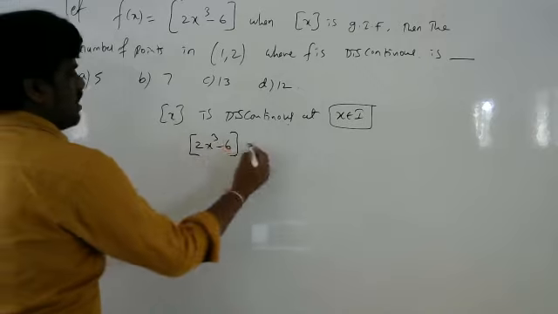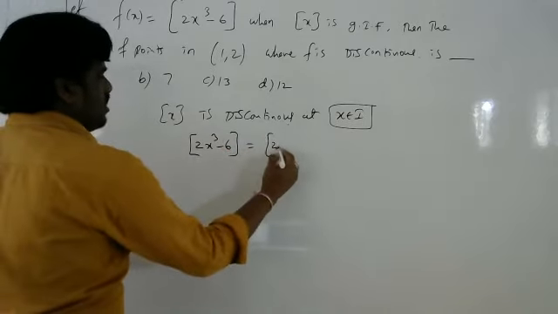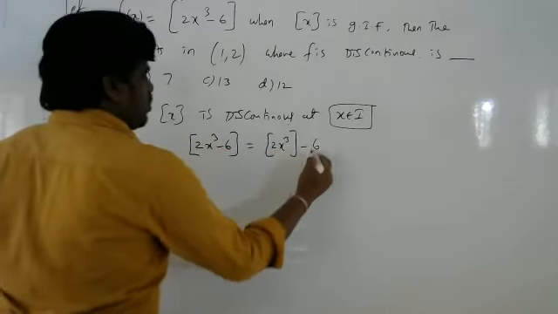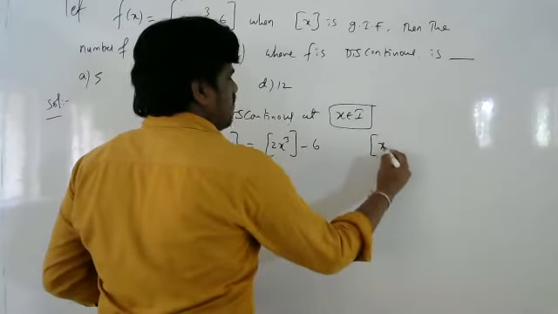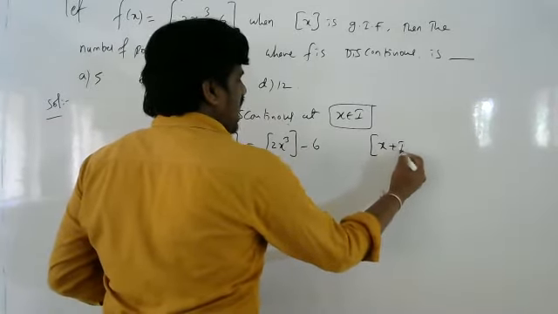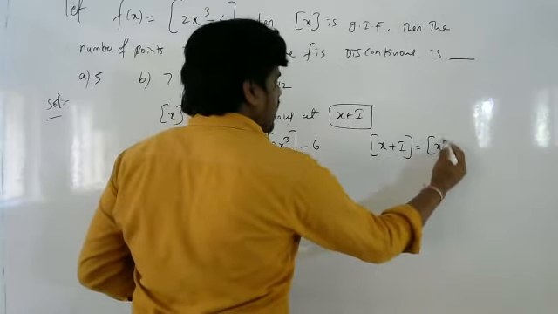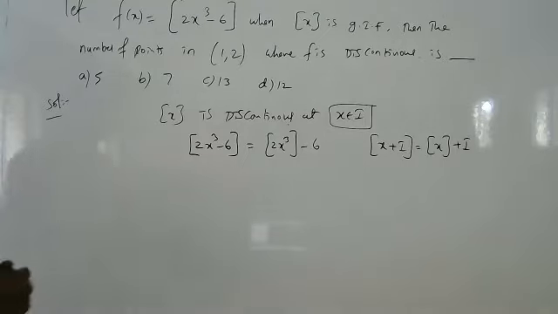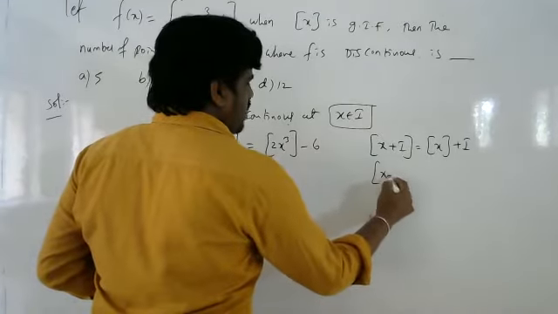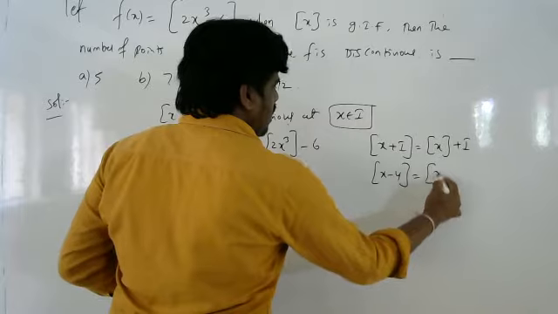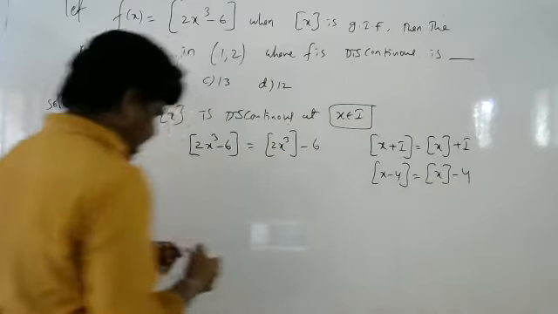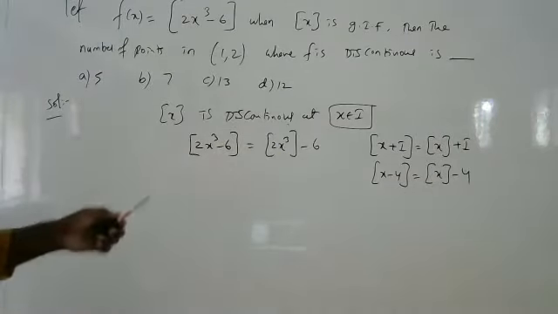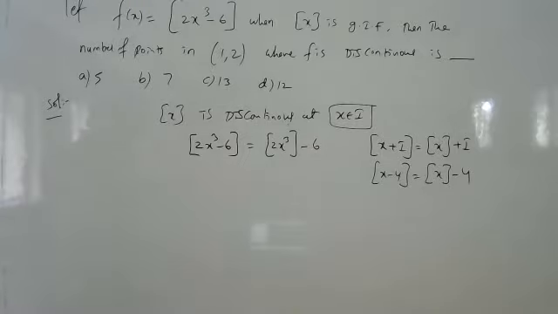You know that greatest integer of x plus an integer is equal to greatest integer of x plus that integer. Like greatest integer of x minus 4 can be written as greatest integer x minus 4. Did you understand what I said?